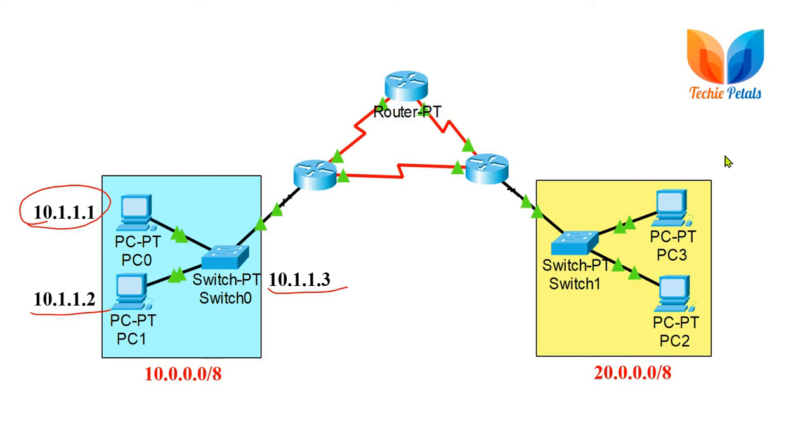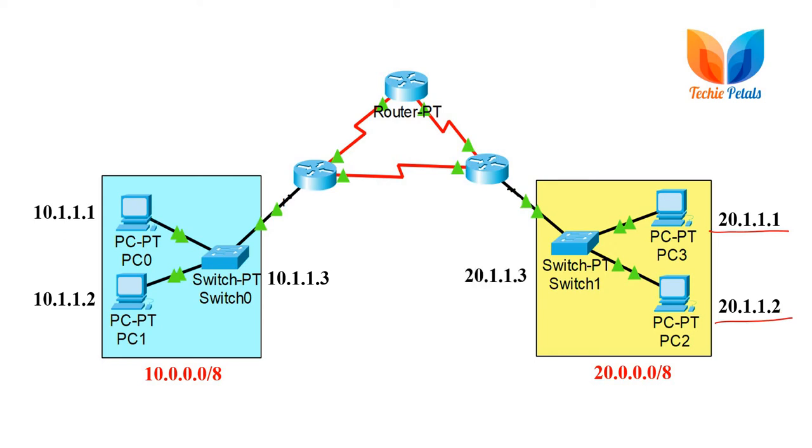We are discussing this over slides so that whatever IP addresses I am going to use are clearly visible to you, and just to keep it simple I am using class A addressing only. Similarly for the second network, this will be the IP address of the first host and this will be the IP address of the second host, and the gateway will be 20.1.1.3. So the same pattern we are following.